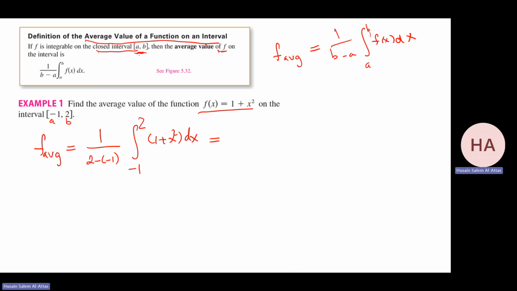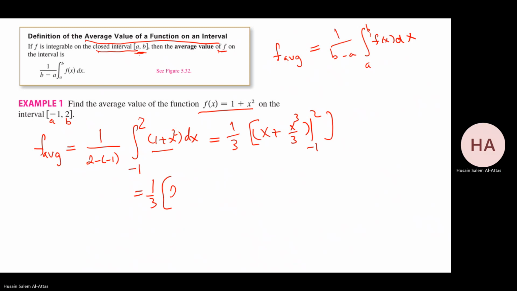These are 1 over 3. What's the integral of this? It's x plus x cubed over 3, which is a definite integral from -1 to 2. Just need to be careful with the calculation.